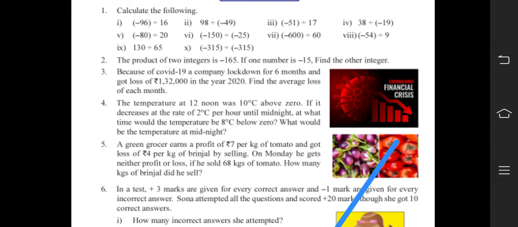This type of problem we already learned in examples. Now look here. What is given in the problem?